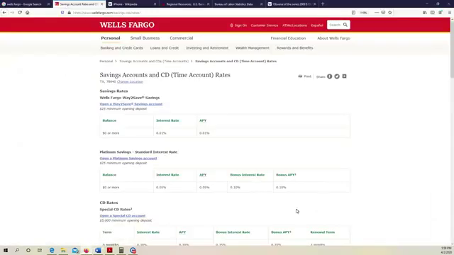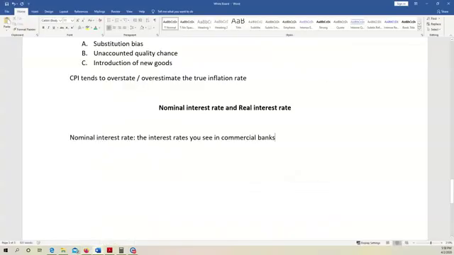Nominal interest rate, this number does not care about what? Inflation rate. So for example, if the inflation rate in Laredo, Texas is 1% in the year 2019, then what's real interest rate?